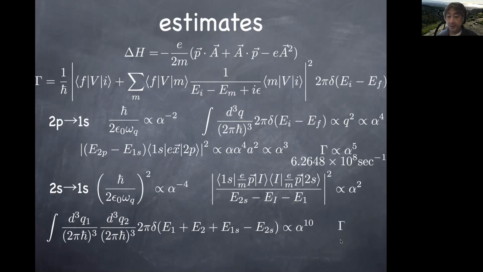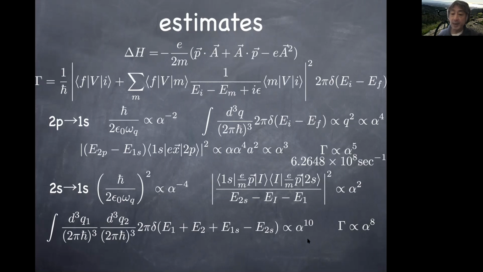And you put them together to find the decay rate goes like the 8th power of the fine structure constant. So now you can see that this decay rate is much more suppressed compared to the decay of the 2p state by 3 powers of alpha. That's already something like 3 or 4 orders of magnitude.